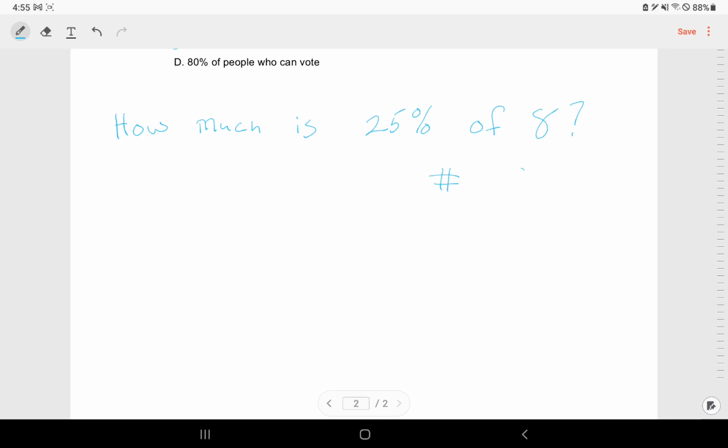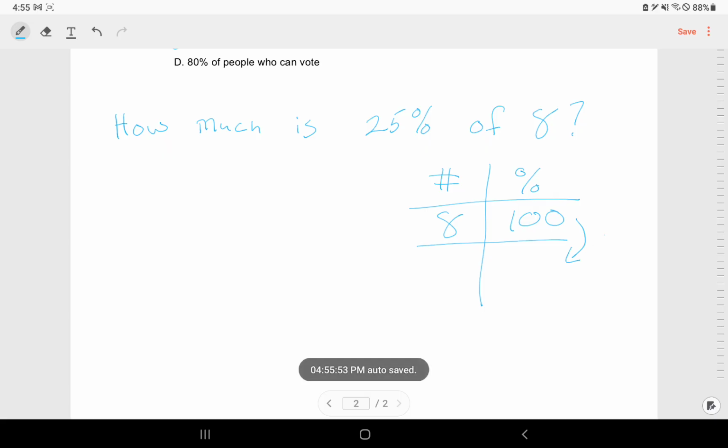Number, percent. So, 100% is 8. We want to get down to 25%. So, to get to 25, we divide by 4. So, we divide by 4. And we get 2. And so that's our answer.